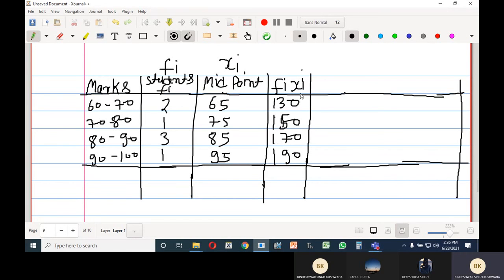Thereafter, what you will do? You will add them. Sir, it is wrong. Yes. Is this, sir, wrong? So 1 into 75 is equal to 75. Oh, sorry. Really sorry. Oh, very good. And here also wrong. Yes. Very good.